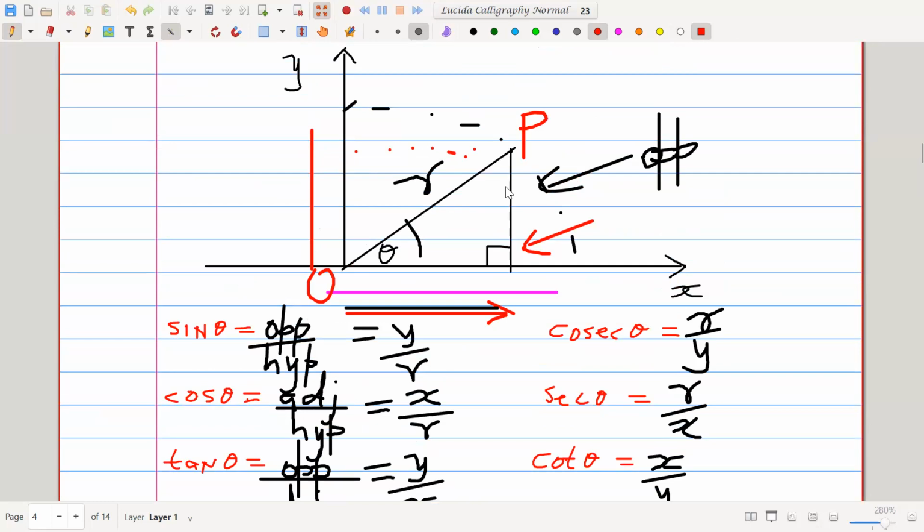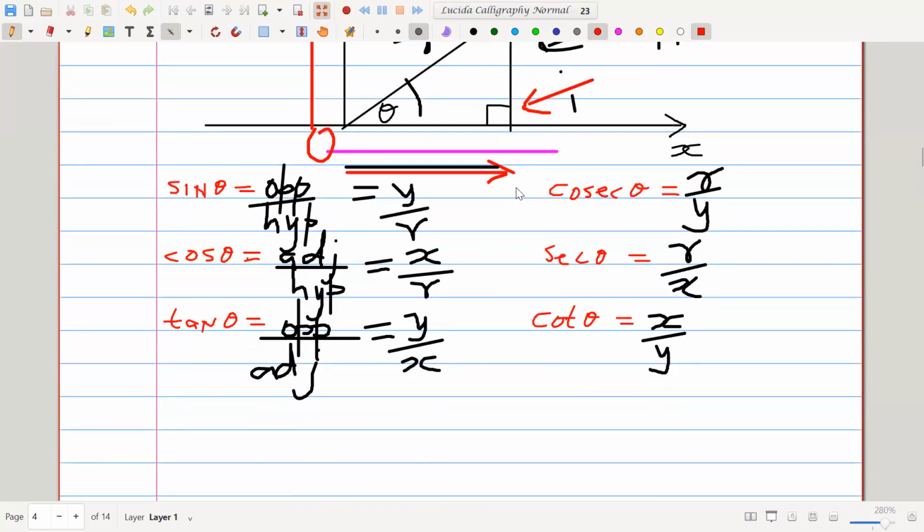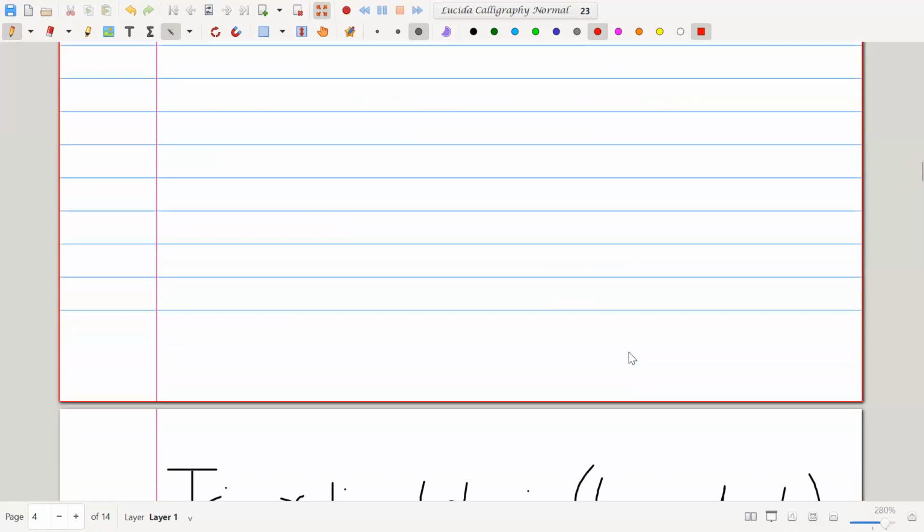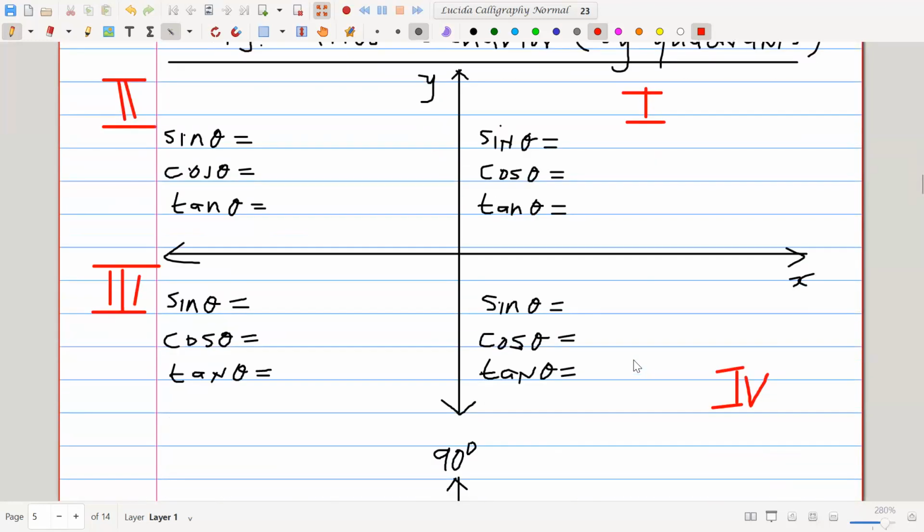So let me just write the famous theorem here so that you can always remember: r squared is equal to x squared plus y squared. That's Pythagoras theorem. You'll always have to remember this relationship, as it will help you solve most of the problems.